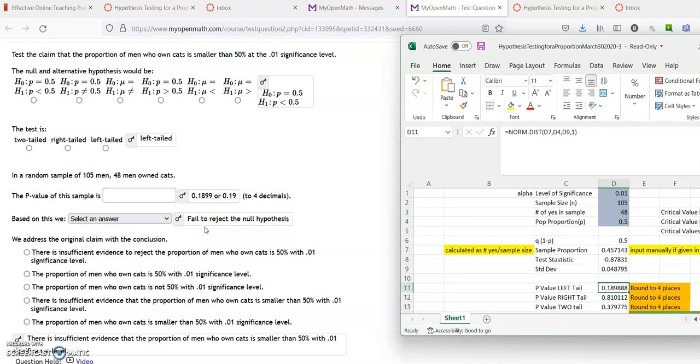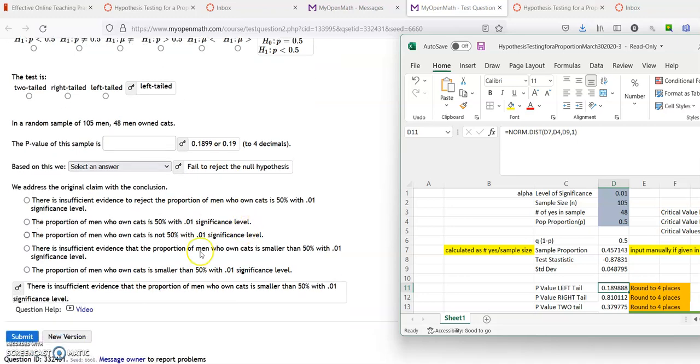They didn't ask you for the test statistic, so you don't have to enter that anymore. And since we failed to reject the null hypothesis, there is insufficient evidence that the proportion of men who own cats is smaller than 50%.